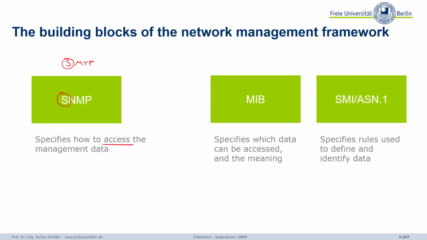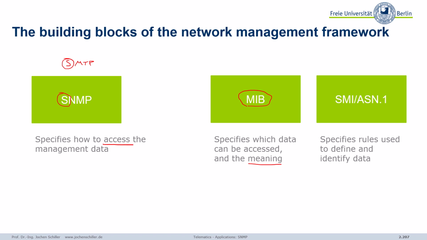Now we need some storage structure, and that's the Management Information Base. Not Men in Black, but the database. This is where we store our things, this database, plus the meaning of the elements we store. We will see some examples of which data can be accessed.